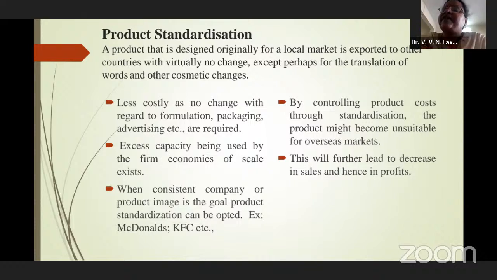This is a very big issue that is being faced by many companies across the world.